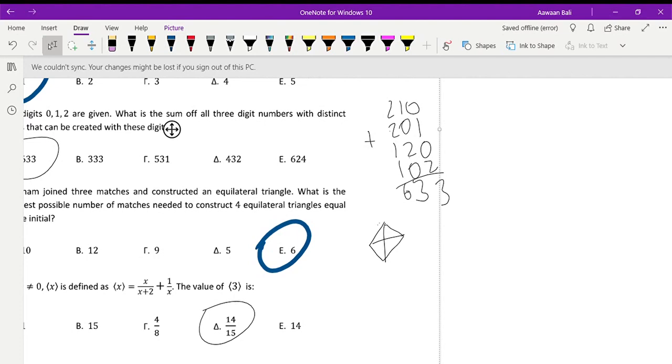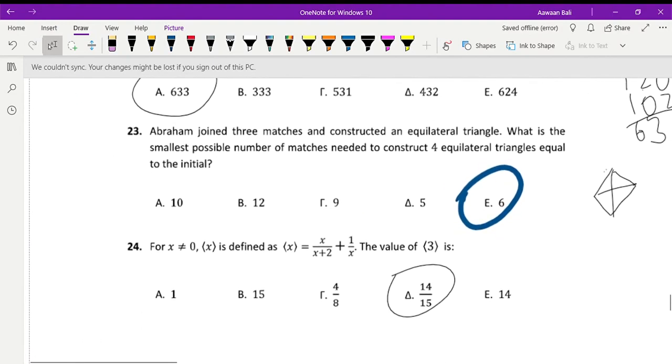It's the same for the second one, and for the hundreds digit, we know that it will end in 1 two times and end in 2 two times, because we have two possibilities for it starting in 2, and two possibilities for it starting in 1. So you can directly get 633 like that. So the answer is alpha, 633.